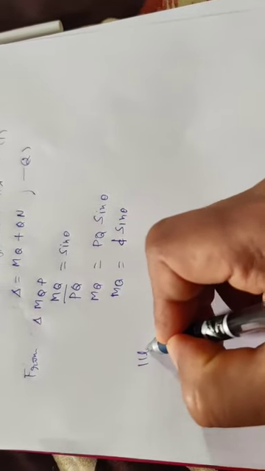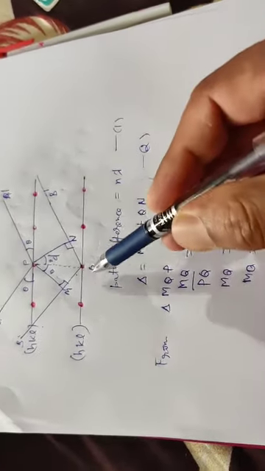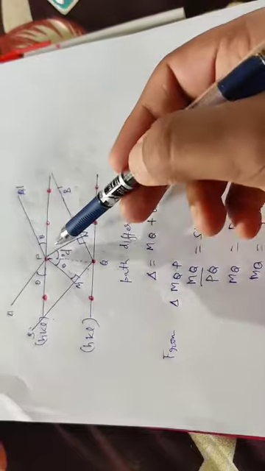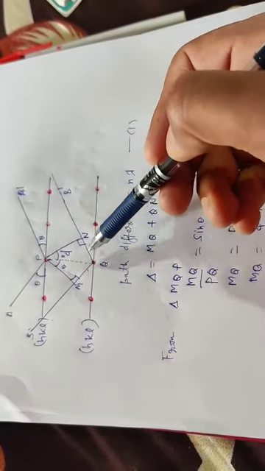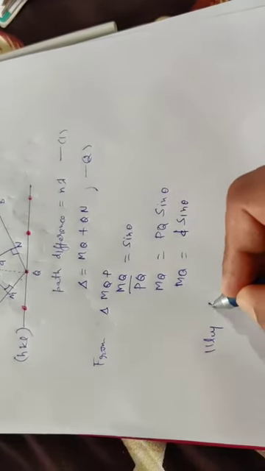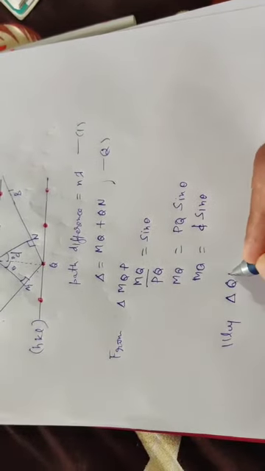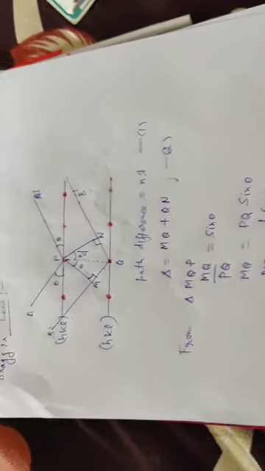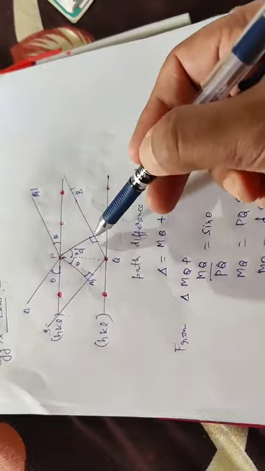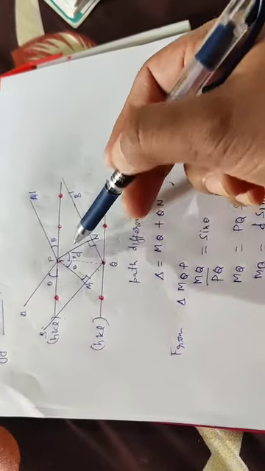Similarly, we have to find QN. From the right-angle triangle QNP, this is the perpendicular, this is the hypotenuse, and this is the base.